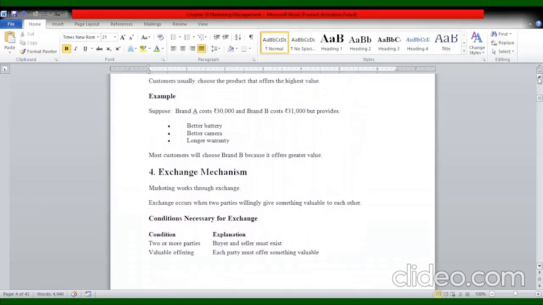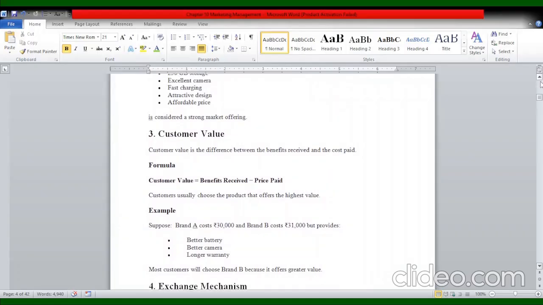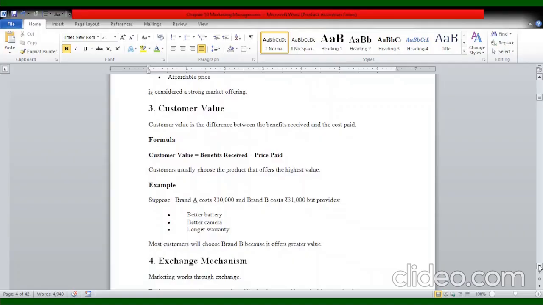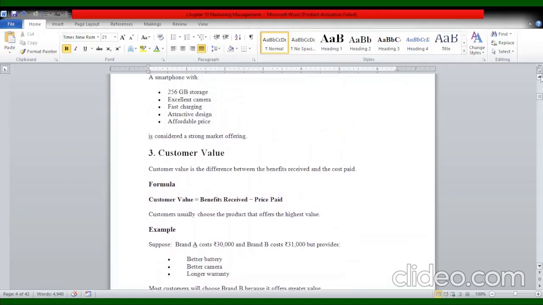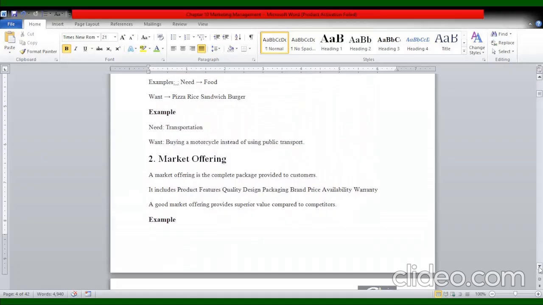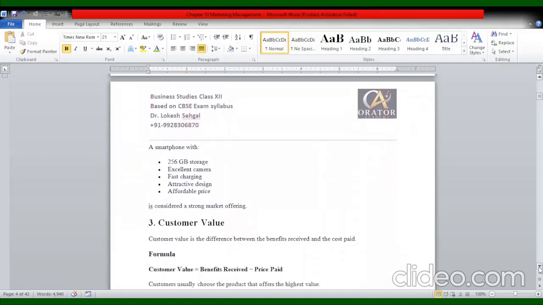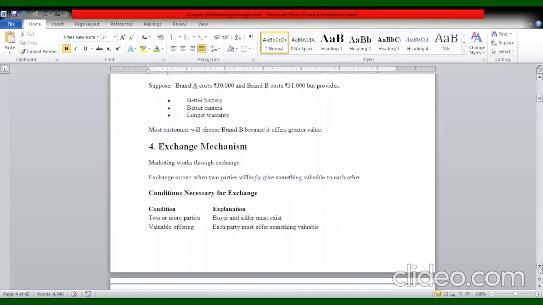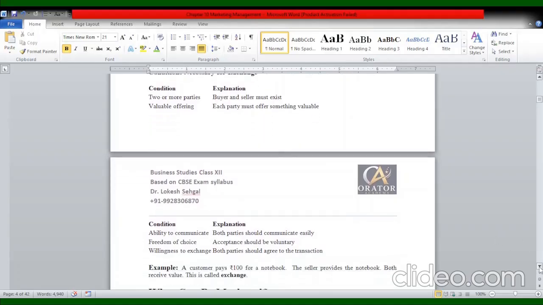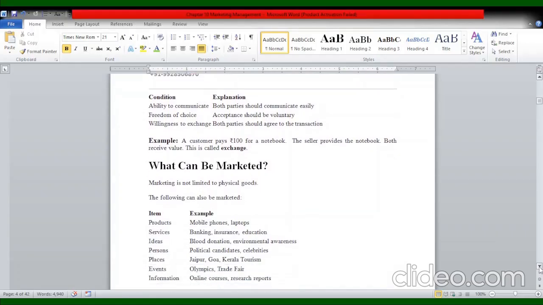The features of markets: first, based on need and wants; second, based on market offering; then based on customer value; then based on your exchange mechanism. This is how you identify the product and its features that you can share to the market.